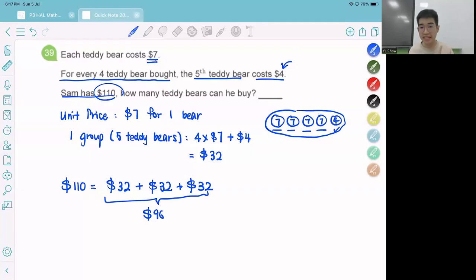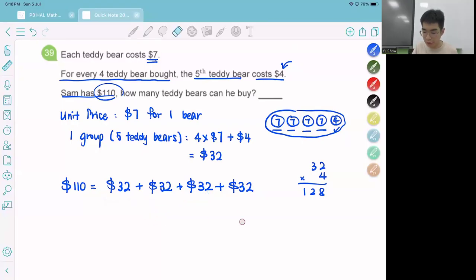Do you think he has enough to buy another group of $32? Probably not, right? Absolutely not, actually. Because if I want to buy four groups, the total money I need will be 32 times 4, $128, which is not enough. He only has $110 in total.